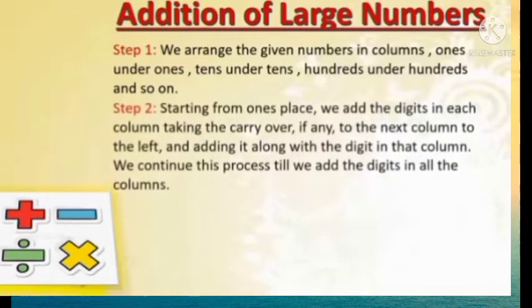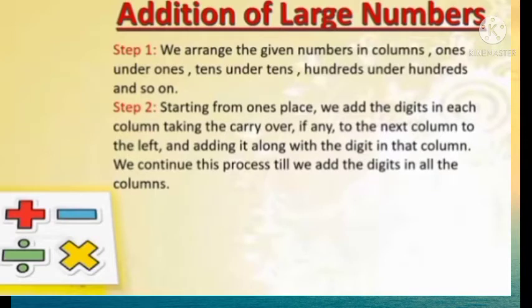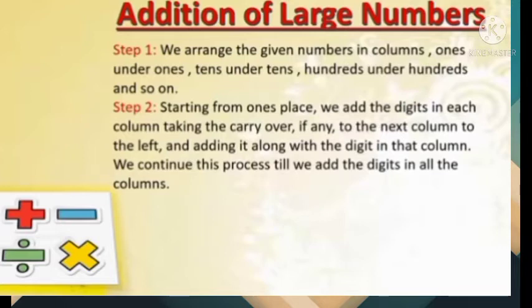Step 2. Starting from ones place, we add the digits in each column, taking the carryover, if any, to the next column to the left and adding it along with the digit in that column. We continue this process till we add the digits in all the columns.